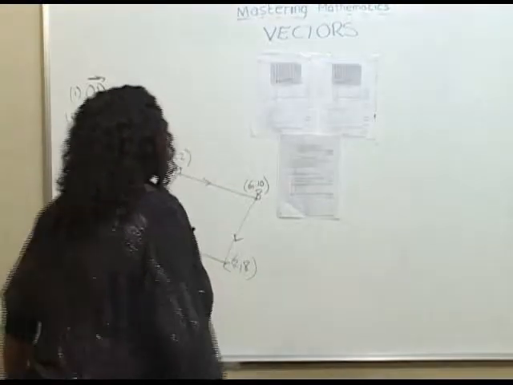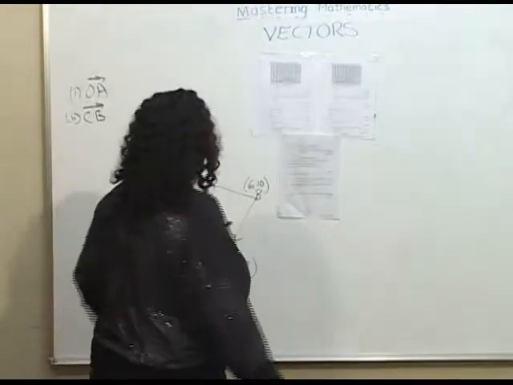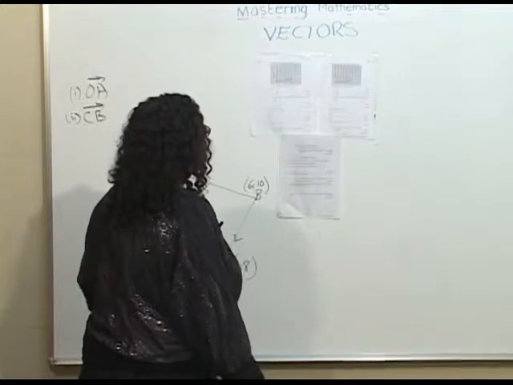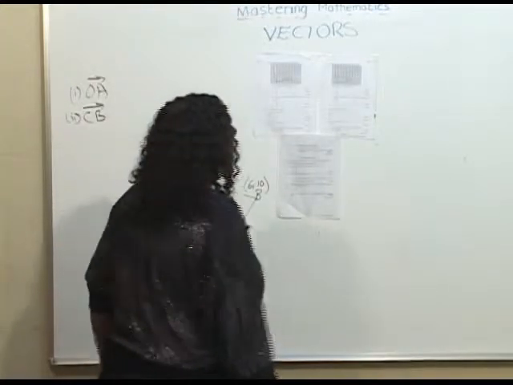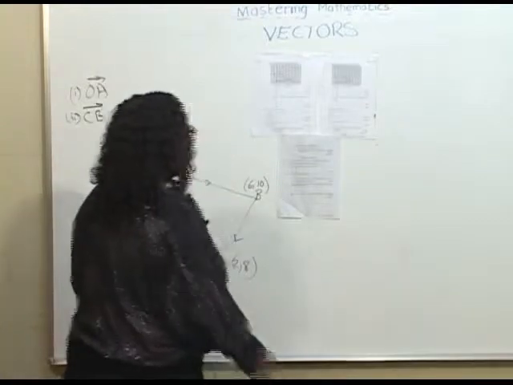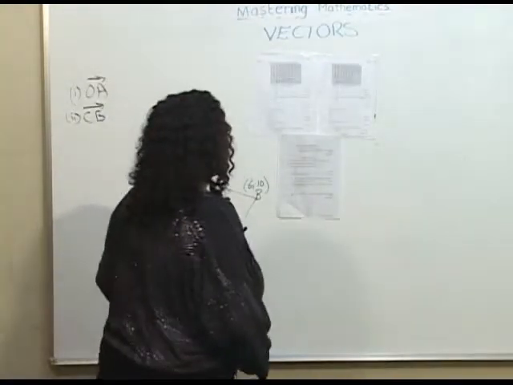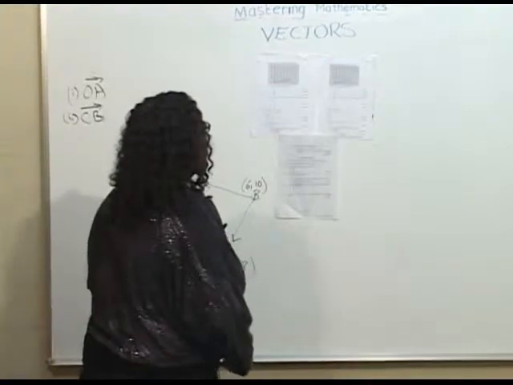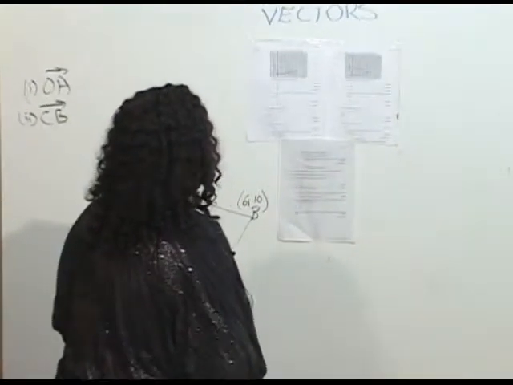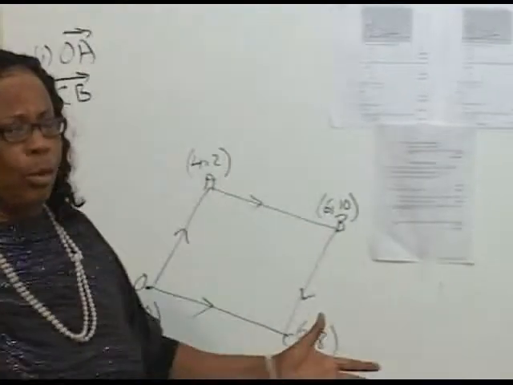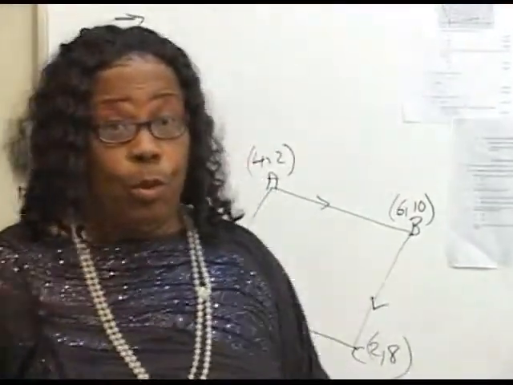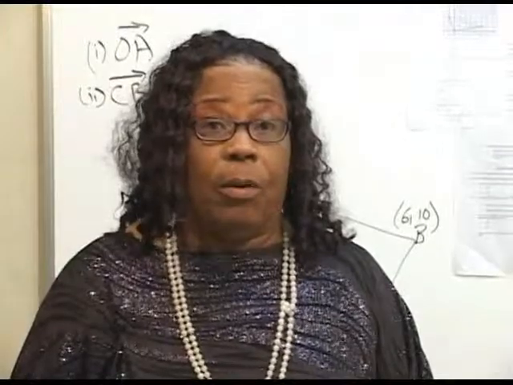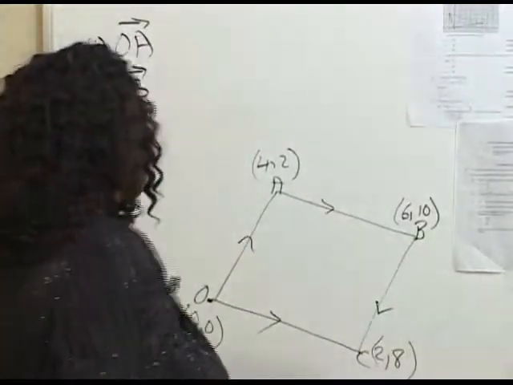So the question had said the vertices of a quadrilateral OABC are (0, 0), (4, 2), (6, 10), and (2, 8), respectively. I took for granted that all of us knew that a quadrilateral referred to, yes, the four-sided figure, all right? And then we were asked, use a vector method to answer the questions which follow.